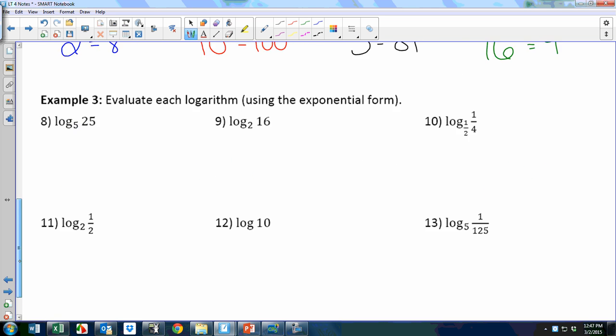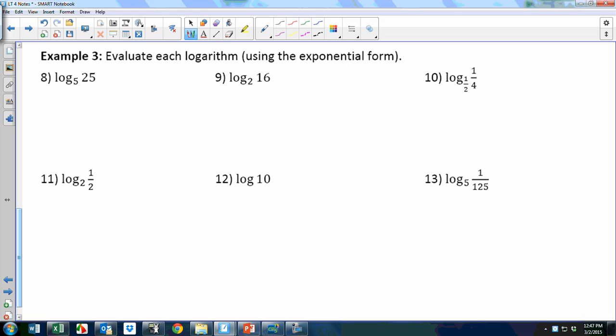All right. Then the last part, evaluate a logarithm. The way we do it is take the log and write it in exponential form and answer the missing question. So for number 8, the base is 5. So 5 to the what power will make 25? 5 squared, right?